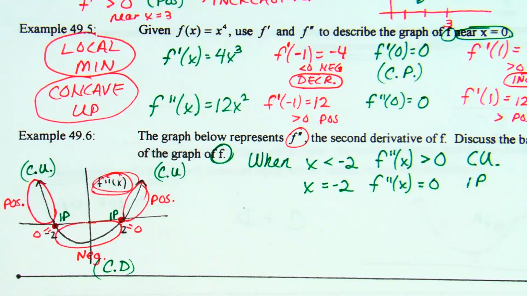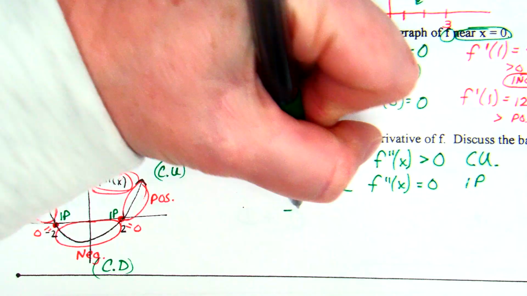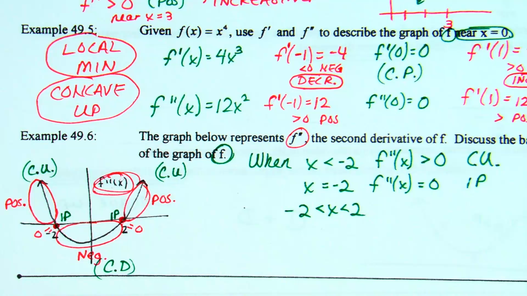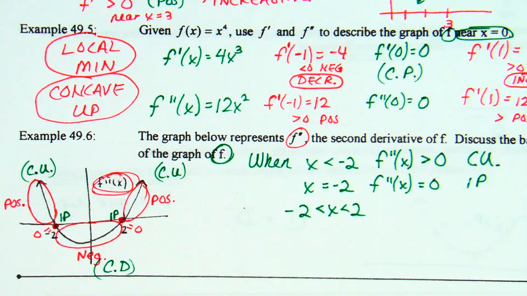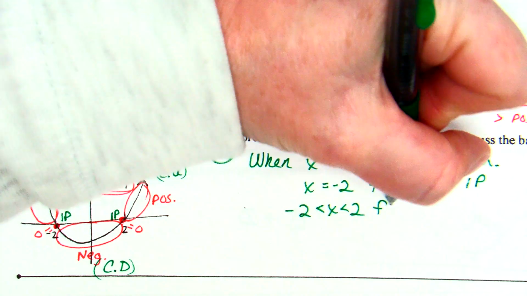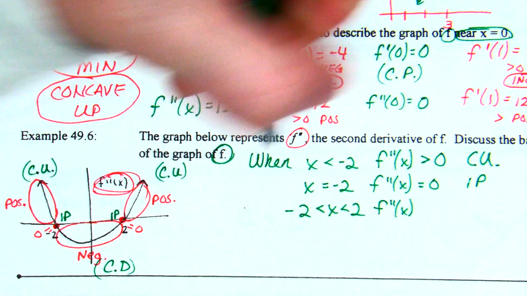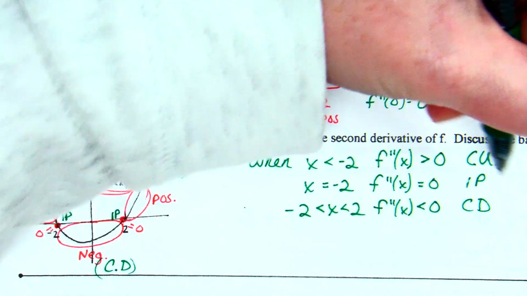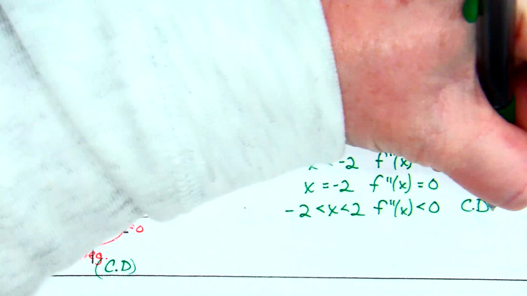The next section is from -2 less than x less than 2. Or if you're using interval notation, from -2 to 2. What do we know about the second derivative there? The second derivative is less than 0, thus concave down.